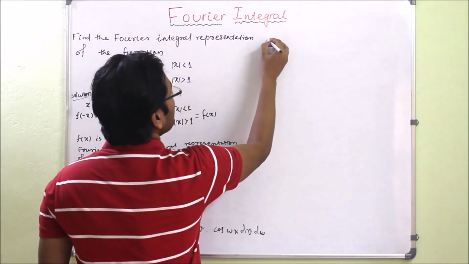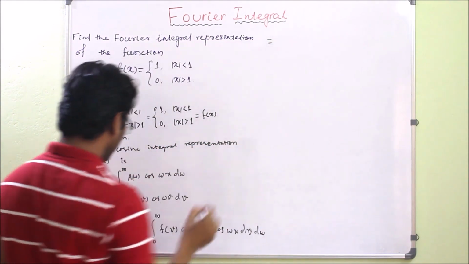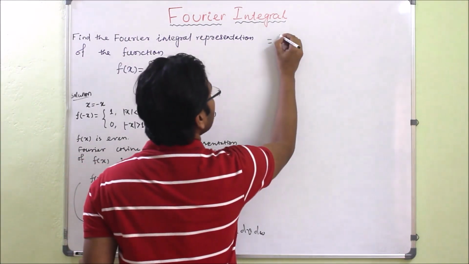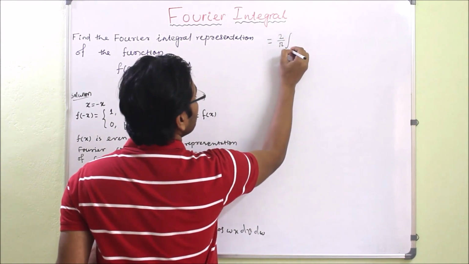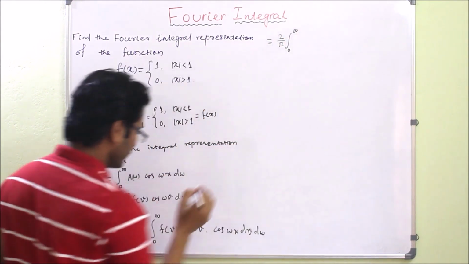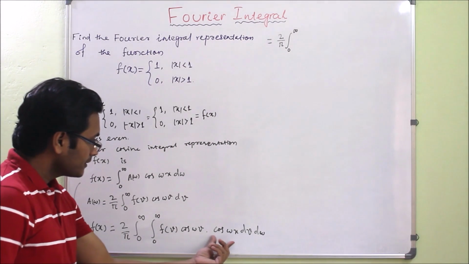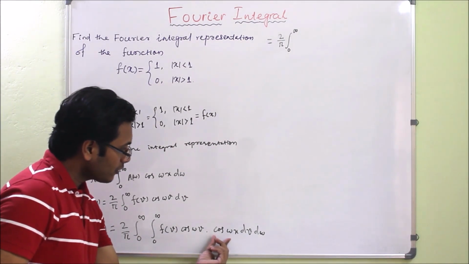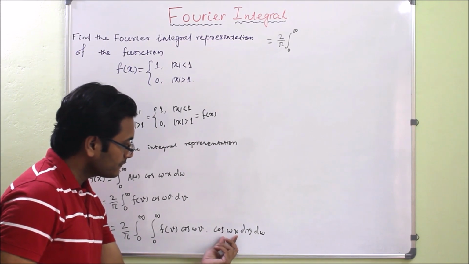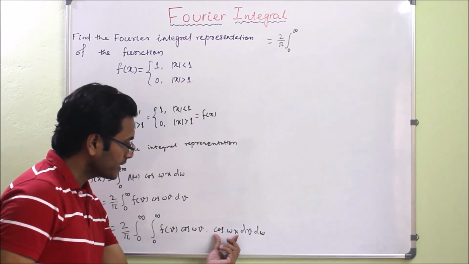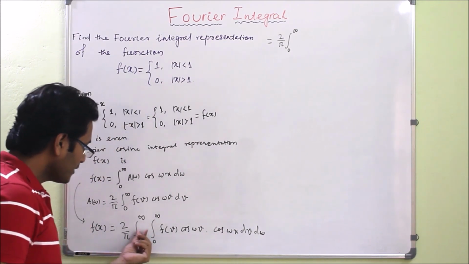Now we'll see what will happen. f of x will be again 2 by pi, integral 0 to infinity. Now here, if you see the factor cos wx, there is no v variable in cos wx. If there is no v variable, we can bring this to the left.